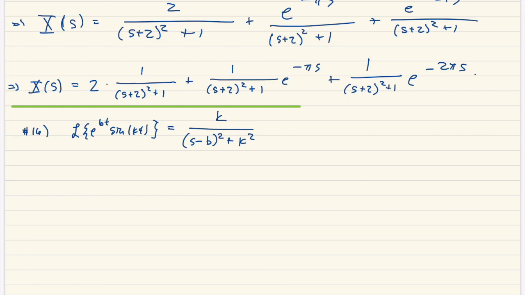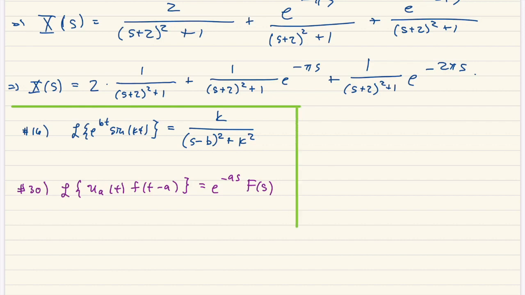The other rule that we're going to need is rule number 30, and that tells us how to find the transform of shifted Heaviside functions times shifted functions. And so it turns out, and we prove this, that this is e to the negative as times capital F of s. So you get the transform of capital F times that shifted Heaviside function.